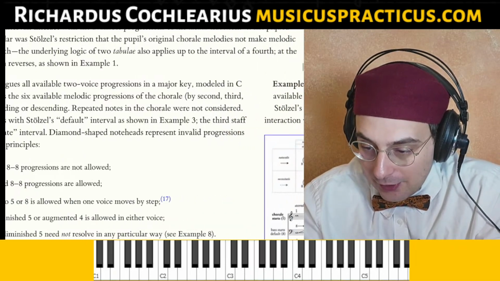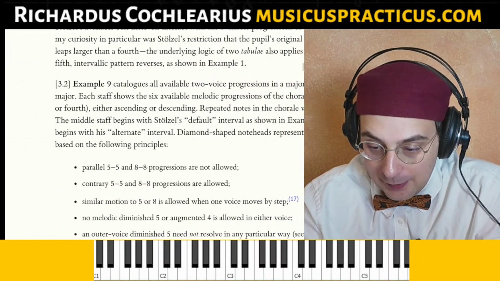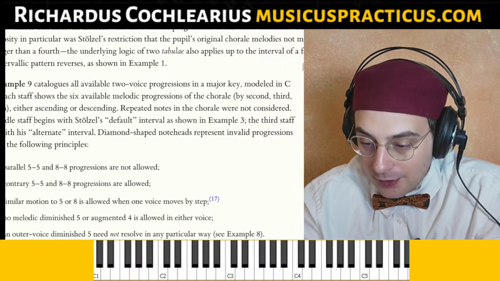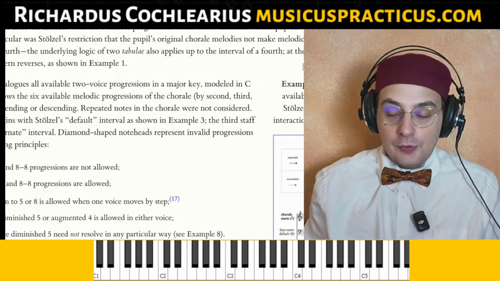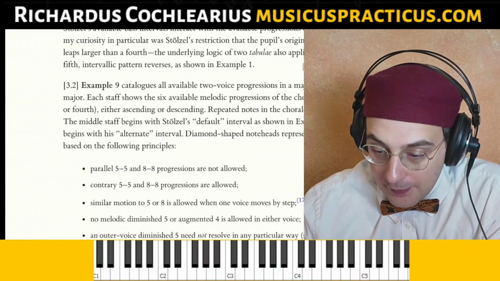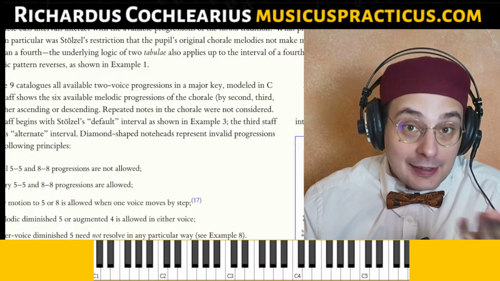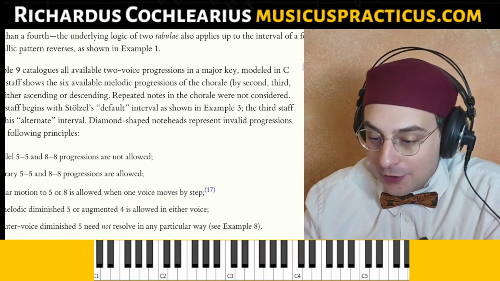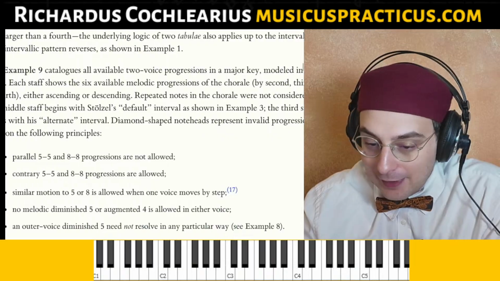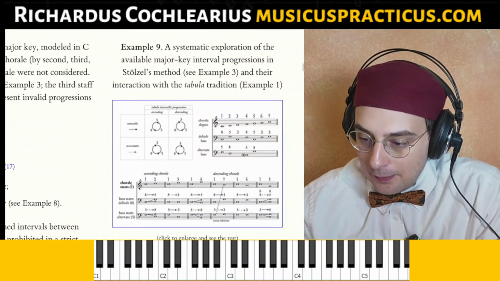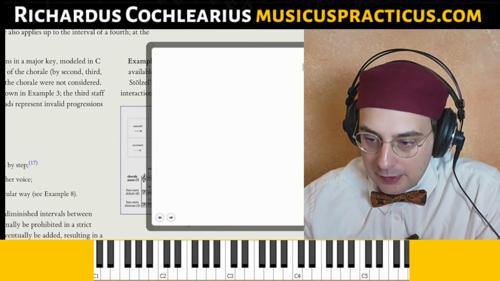Repeated notes in the chorale were not considered. The middle staff begins with Stölzel's default intervals, as shown in example 3. The third staff begins with his alternate interval. Diamond, I said diamond, this is diamond. You see, diamond-shaped note heads represent invalid progressions based on the following principles. Yes, this applies to the bass.